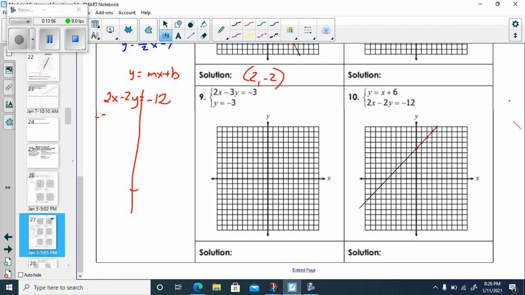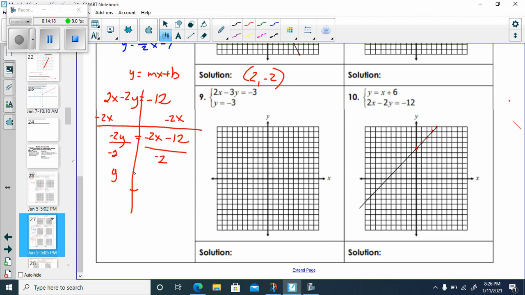Why don't I subtract the 2x from both sides? And I have got -2y is equal to -2x minus 12. Now I need it to say just y on one side. Let's divide both sides by -2.